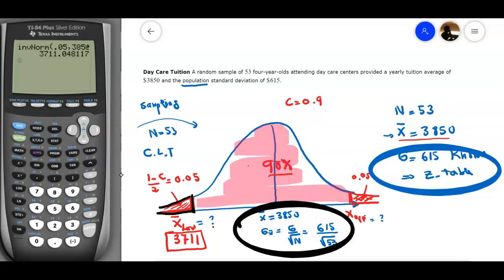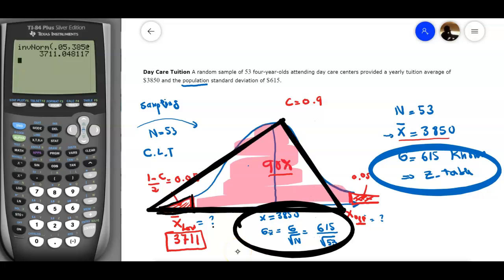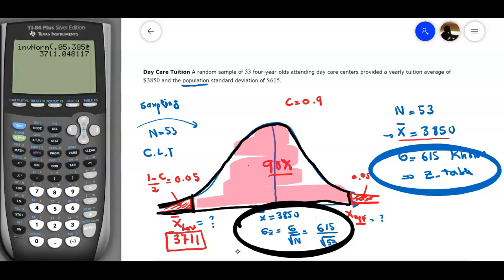Now, in order to get the second value, which is this one, I need to feed to the calculator the whole area, the left side area from here to here. This new area, as you can see, is 0.90 plus this tail here.